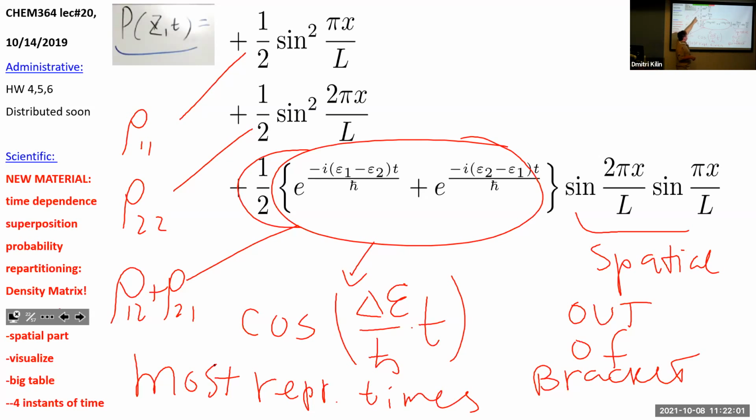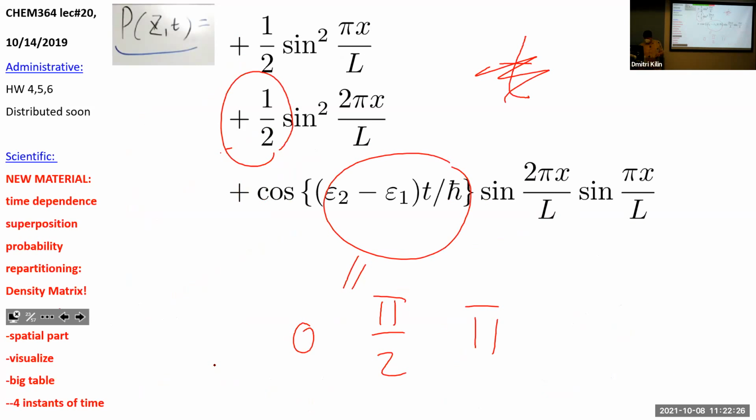So 1 is for the shorter period, longer period spatial thing, 2 is for the higher energy, more frequently changing, and the summation of 1, 2 and 2, 1 is for the transition states that have these mixed cross-term indices. So we want to evaluate each of them at the times corresponding to 0, pi over 2, and pi.